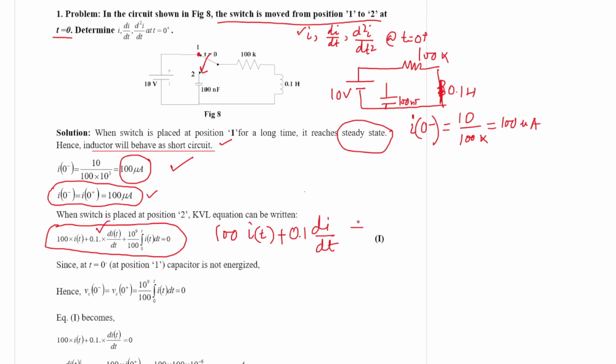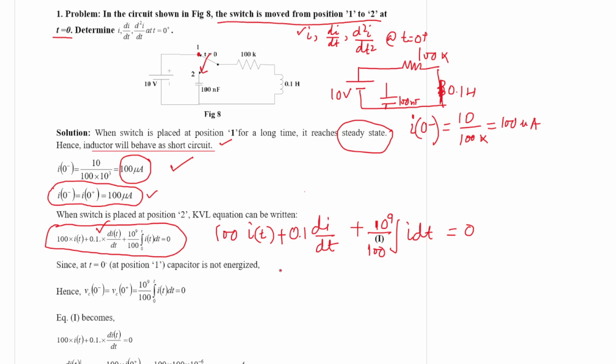And what is the voltage drop across the capacitance? It is 1 by C integration i(t) dt, and that is equal to 0. Now 1 by C, with C equal to 100 nanofarad, means 10 to the power 9 goes in the numerator by 100.